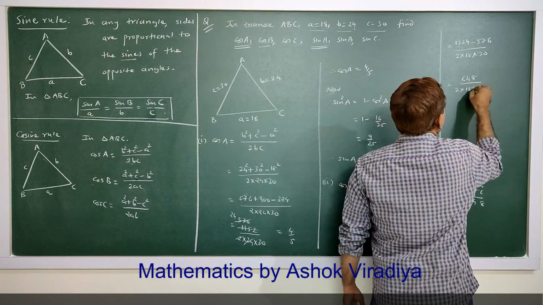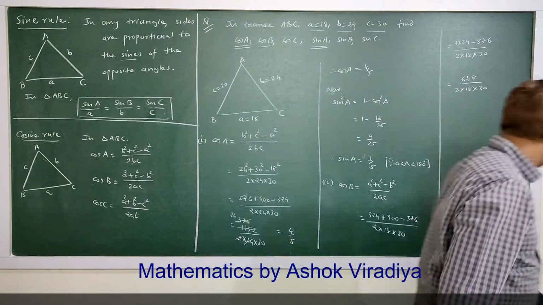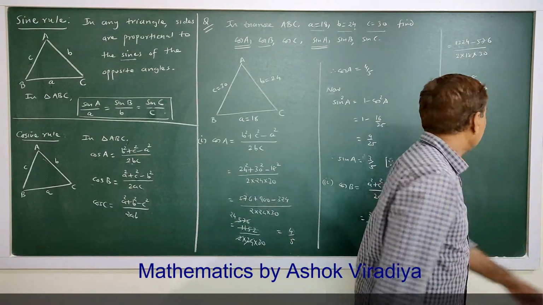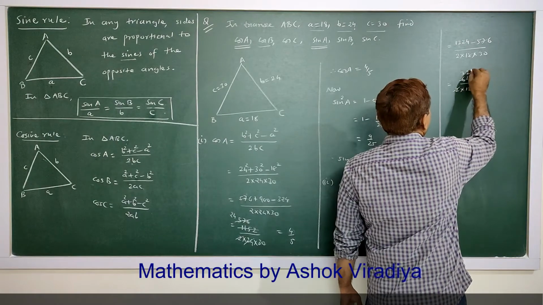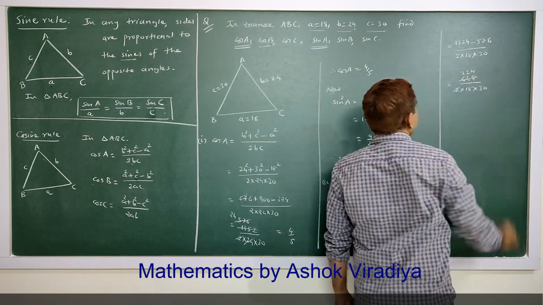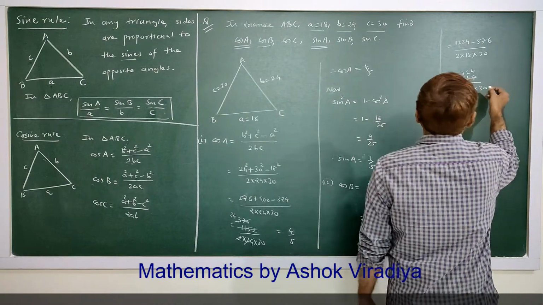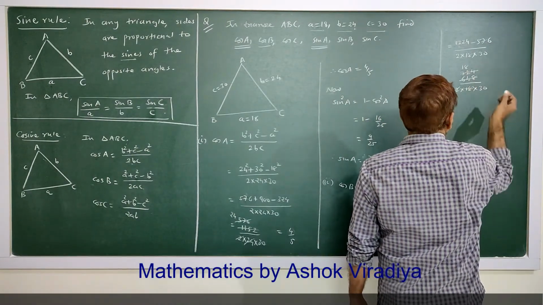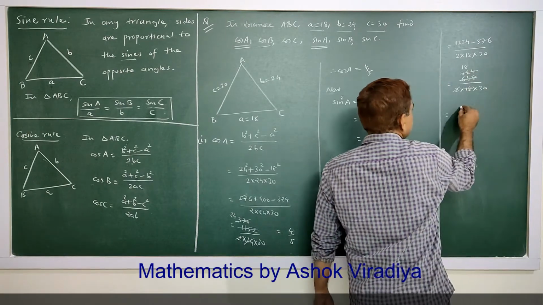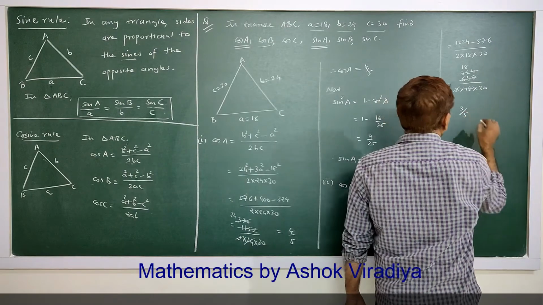2 into 18 into 30. Now simplifying this ratio: 18 square is 324, and 324 into 2 is 648. So this will be 3 into 6, that is 18, 5 into 6 is 30.